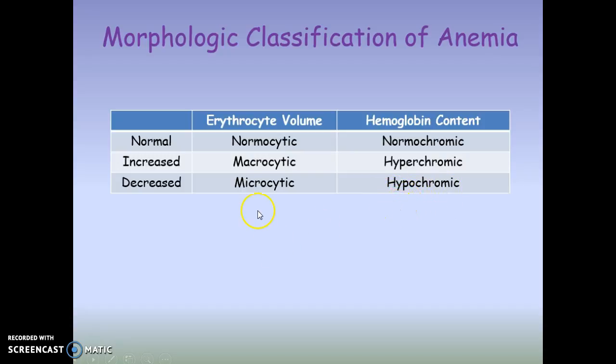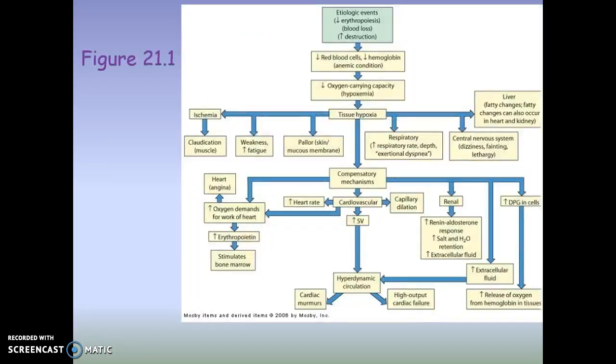But rather, if a question were to arise, what does a macrocytic normochromic red blood cell look like? Well, it would be bigger than normal, but it would have normal hemoglobin content.